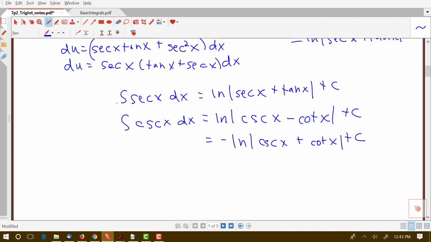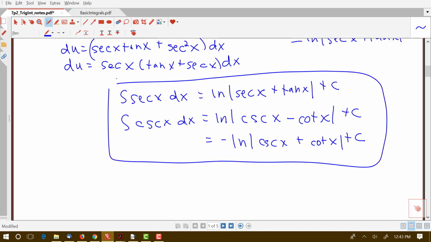So you can remember either one of those different forms. To show that these two are equal requires a bit of algebra. It's not just as simple as the negative sign on the outside becoming the negative sign on the inside. There's several steps there. But both of those would be equal to each other and would be the antiderivative for cosecant x.